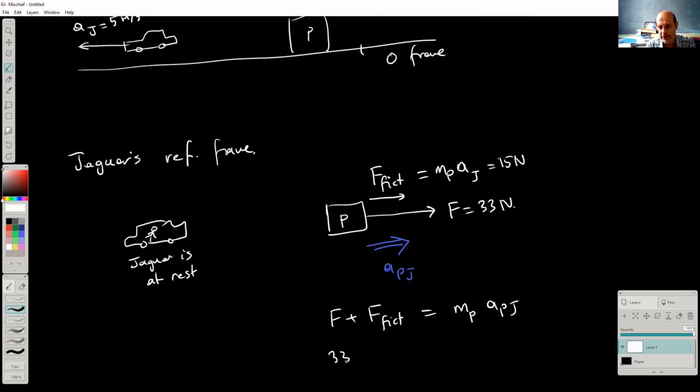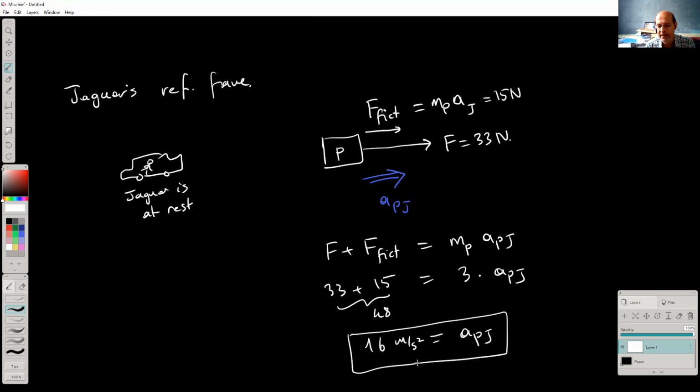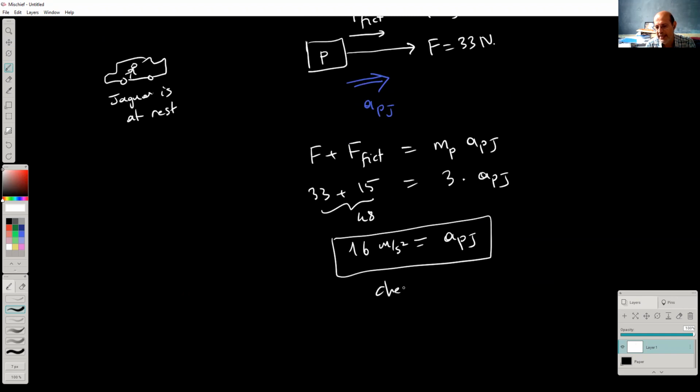So this is 33, that's 15, so that's going to give us 48. 48 divided by 3 is 16. So this is 16 meters per second squared. And we'll check that this is also correct, okay?